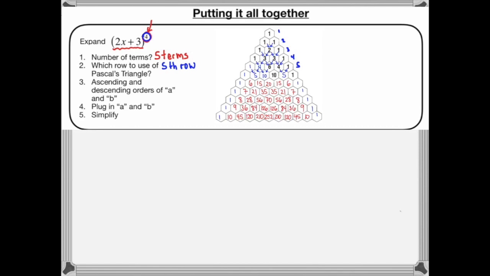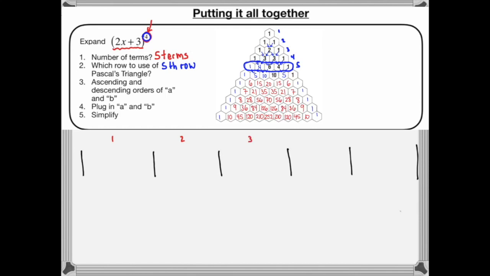We take the 5th row, and we know that we are going to use this as the coefficients of our A's and B's. This is the way that I set it up: I make 5 the number of terms, and make space for each one. So it's 1, 2, 3, 4, and then 5, for the terms that we just determined we're going to have when this is all expanded out.